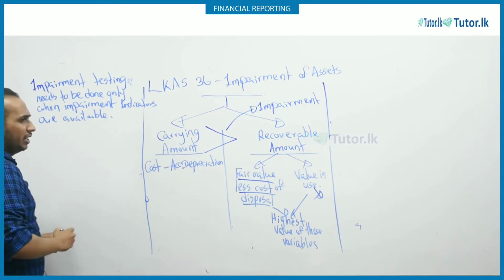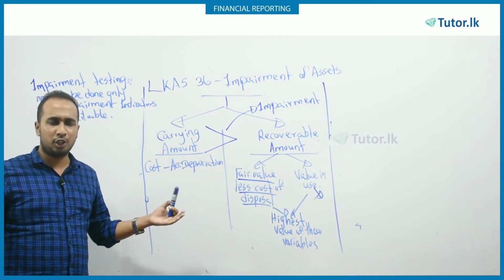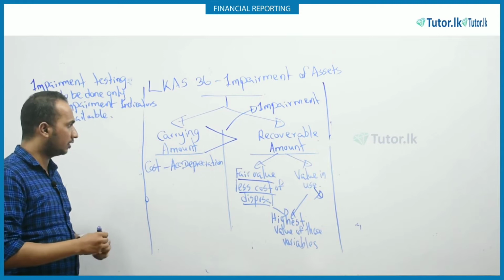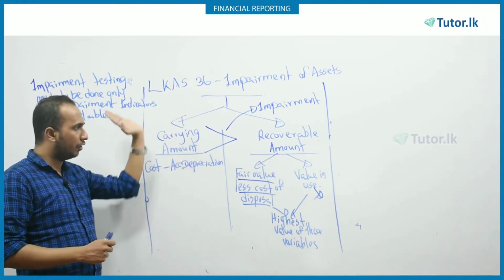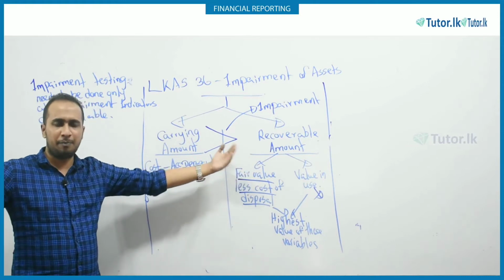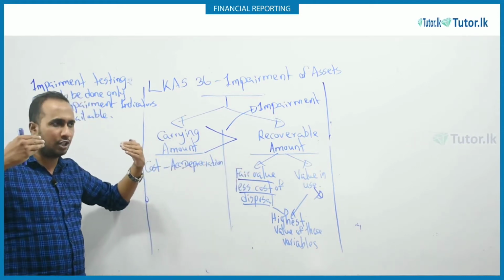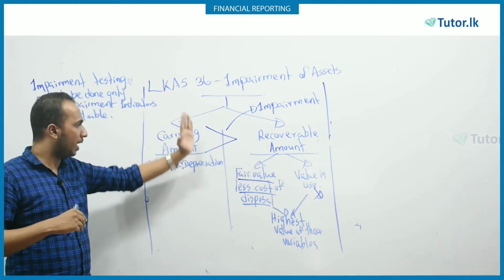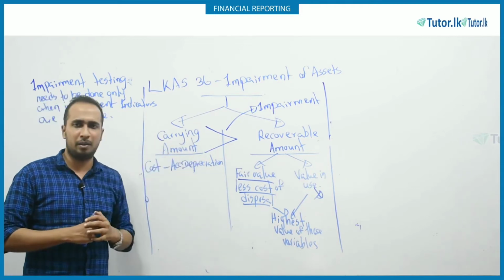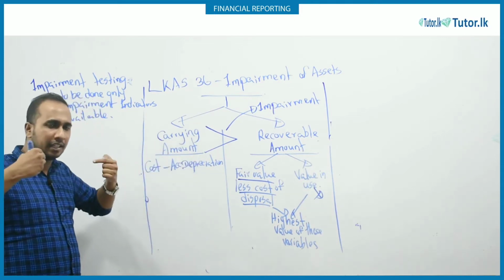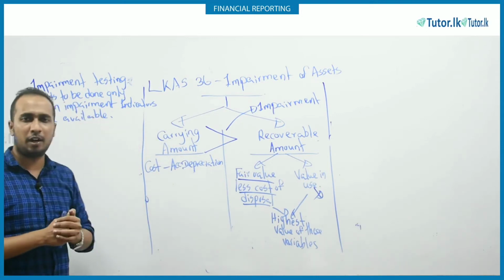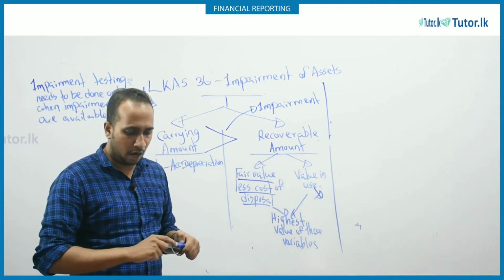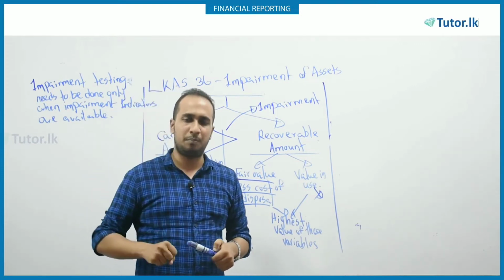What are impairment indicators? Some sort of information that shows us the carrying amount may be greater than the recoverable amount. If we receive such information, and we feel that there can be an impairment loss based on it, we need to perform what? Impairment testing. So how can we obtain this information?